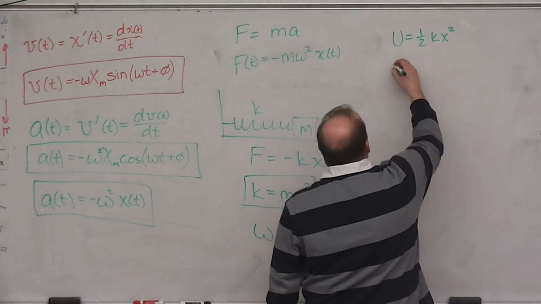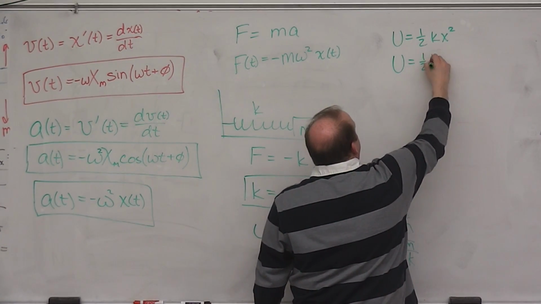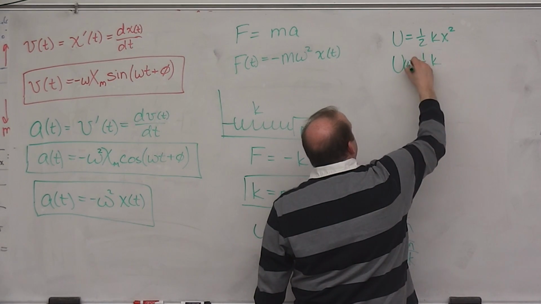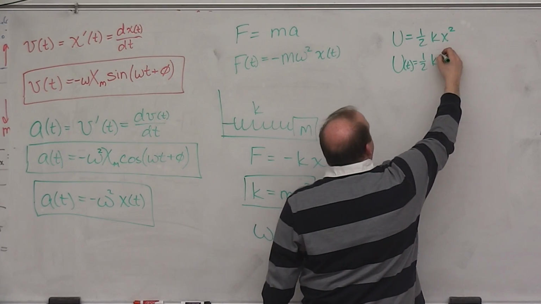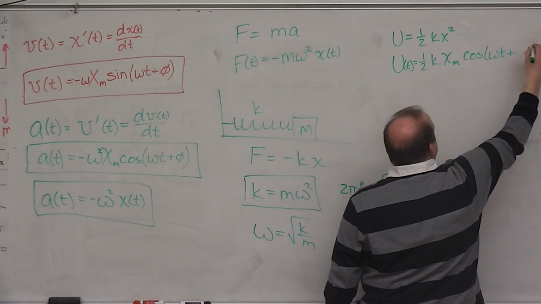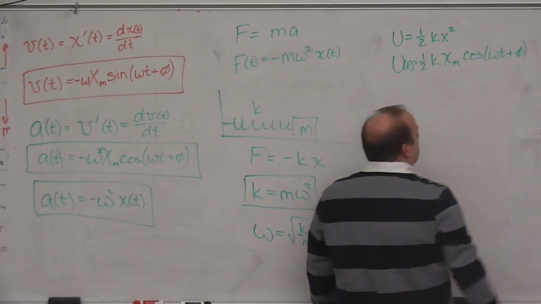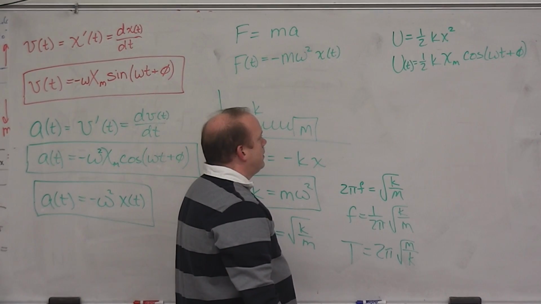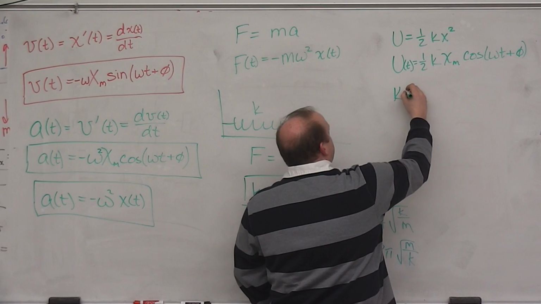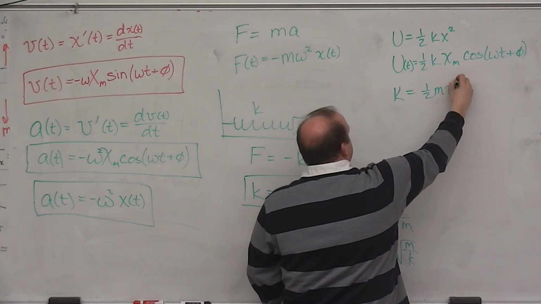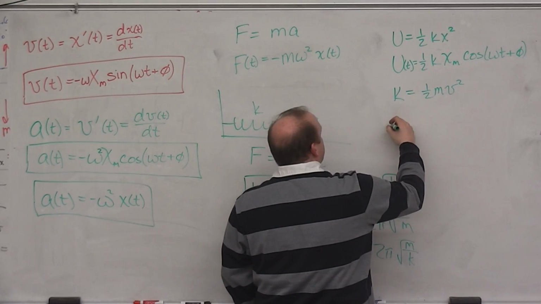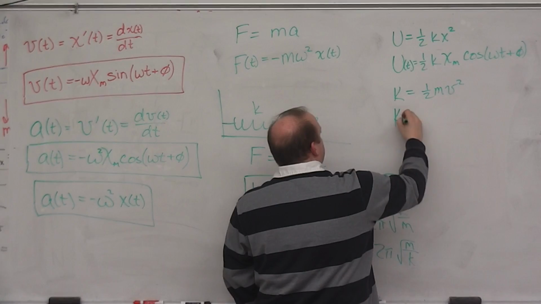We can say this potential energy is equal to 1/2 k x squared, and if we want to look at x as a function of time, 1/2 k xm cosine of omega t plus v. Kinetic energy, by the way, is equal to 1/2 mv squared, which we can also do in terms of time.